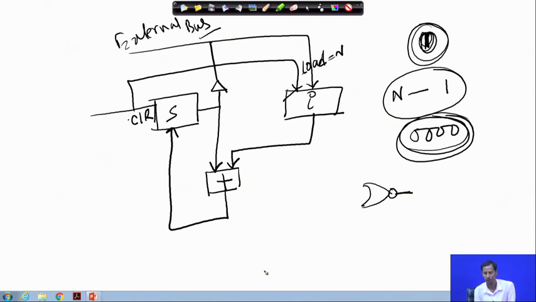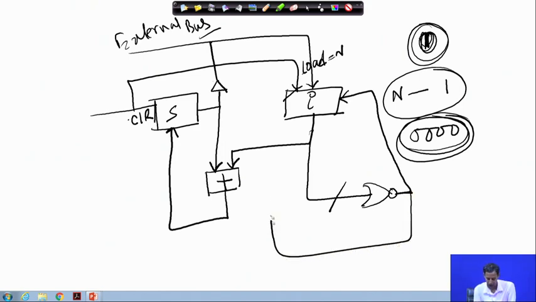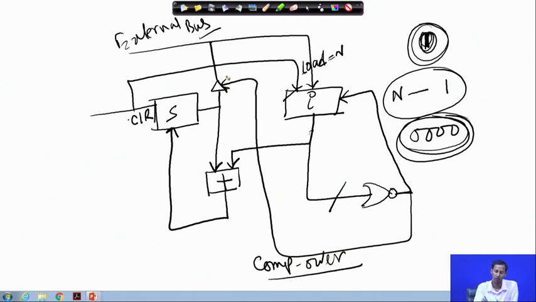That is the logic. This signal stops the counter, and it also serves as the computation-over signal that enables the buffer so the final value goes to the external bus.